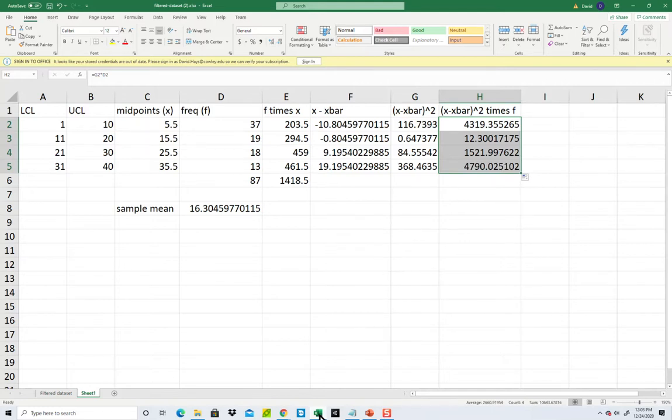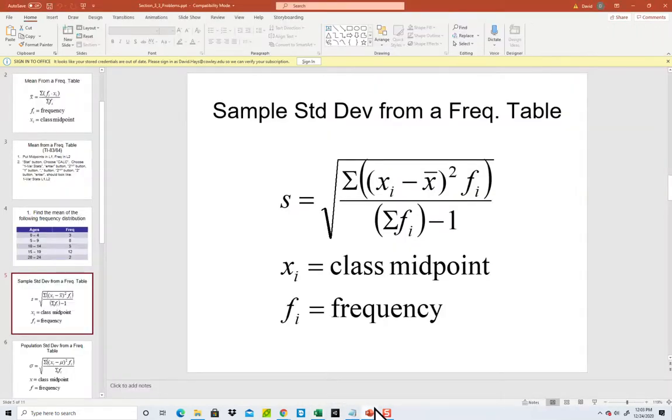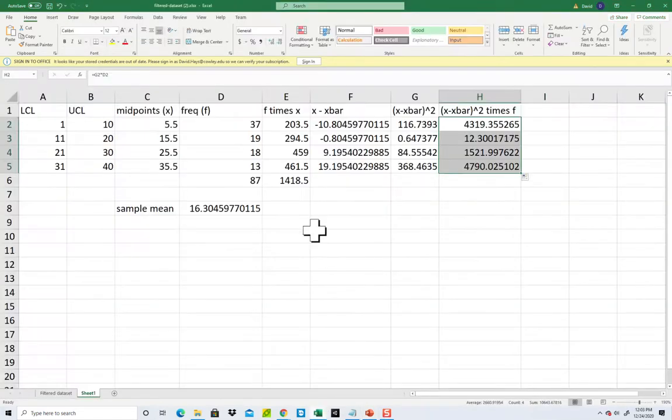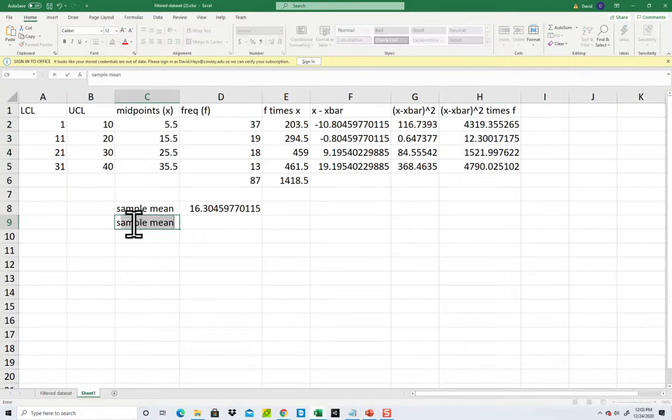Okay, I think we're close. That's all the top part. The bottom part, I need the sum of f, which I already got. So now I'm ready for my formula. So, sample standard deviation.